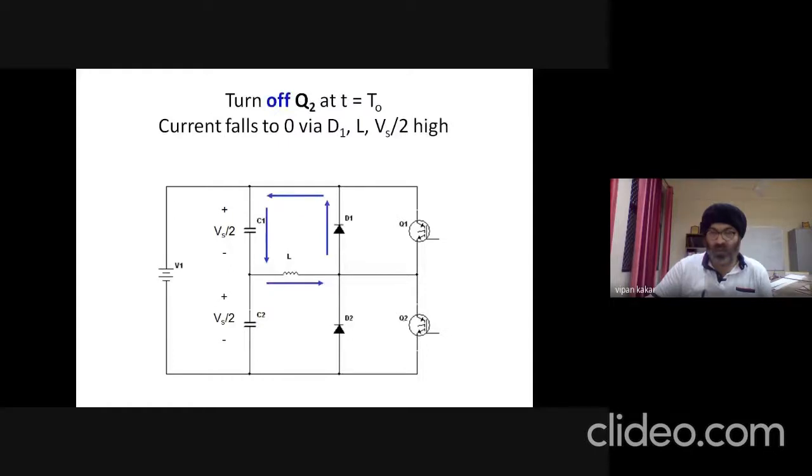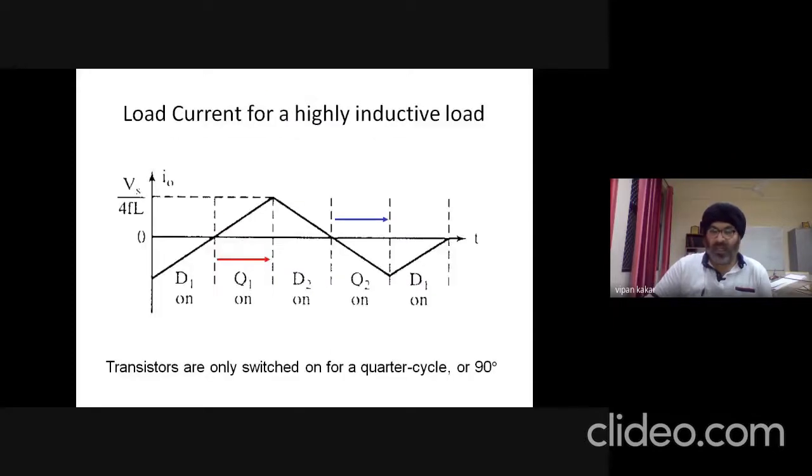And when Q2 is on, the current starts to flow from left to right through this inductance, through this load, through this Q2 and then back. So the direction of the ramping of the current when Q2 is on is in the opposite direction. And then again, it freewheels through D1.